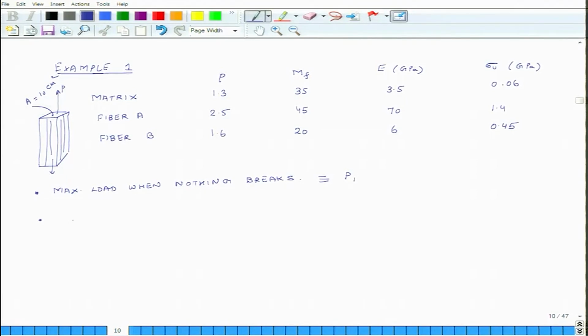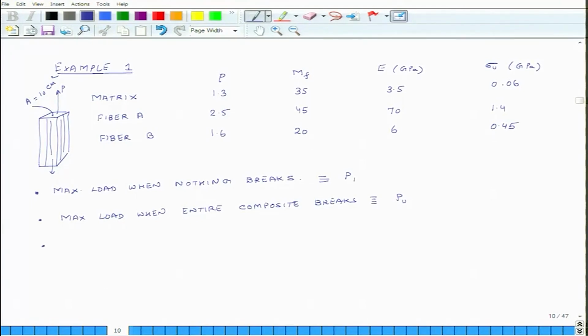Second question is the maximum load when the entire composite breaks. We call it P ultimate.